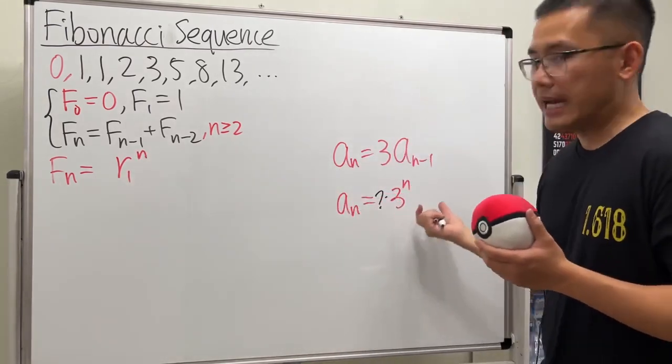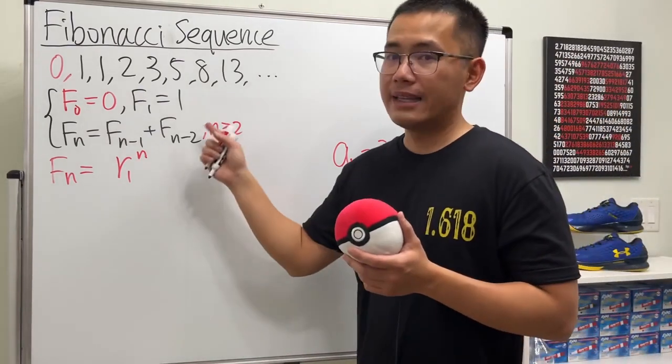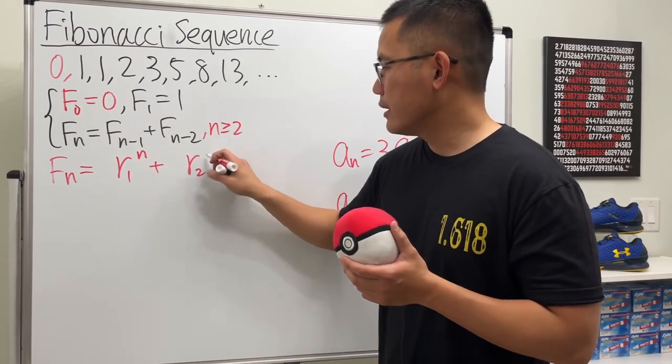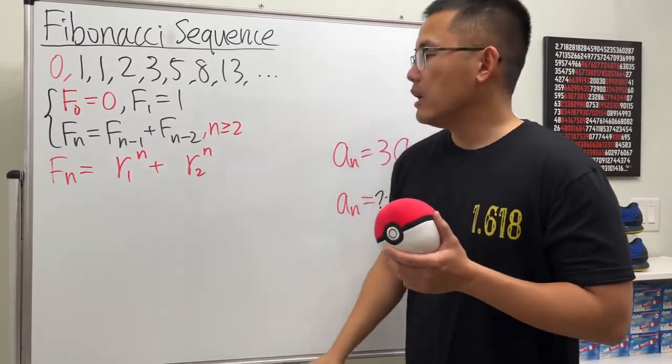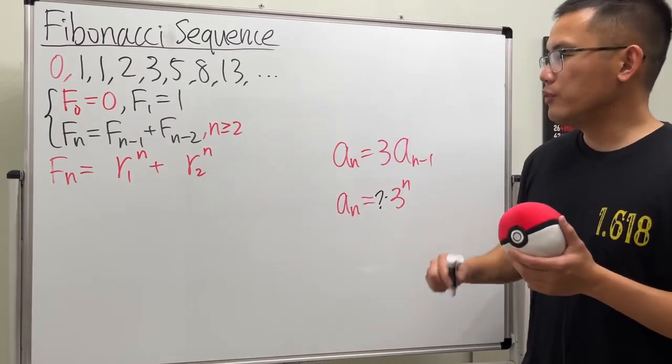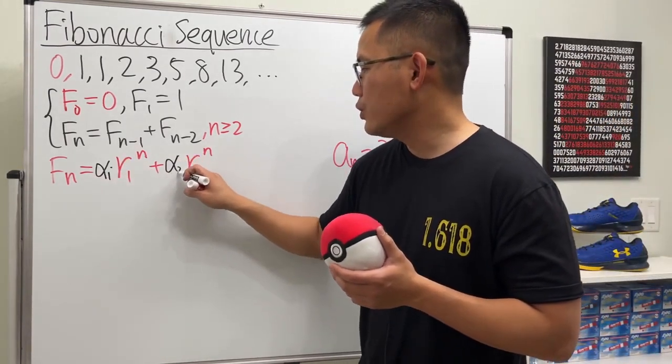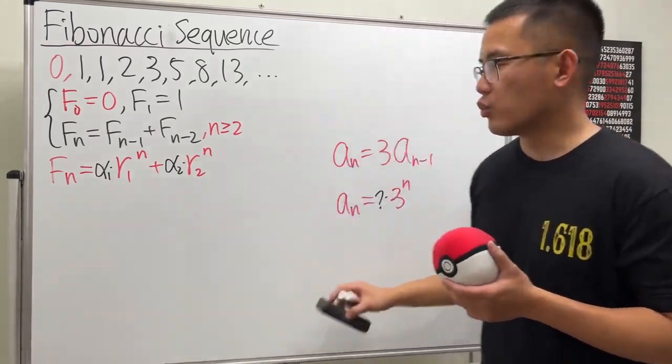So it's similar to the idea that I just mentioned, but we have another part. We are going to add r2 to the nth power. And again, we may have some coefficient in the front, so I would just say we have alpha 1 times that and then alpha 2 times that. So that's the general form.